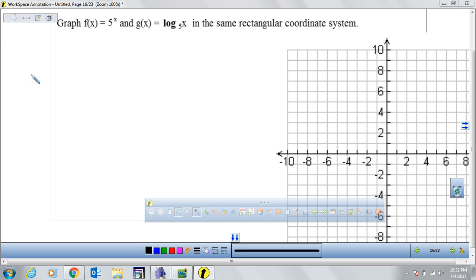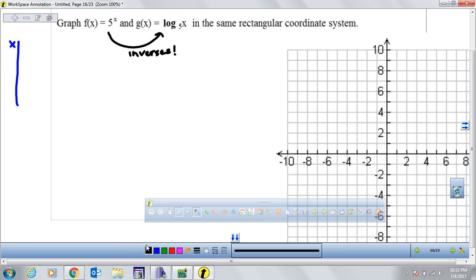So, let's start with f of x. Just remember one thing: 5 to the x power and log base 5 of x are inverses of each other.